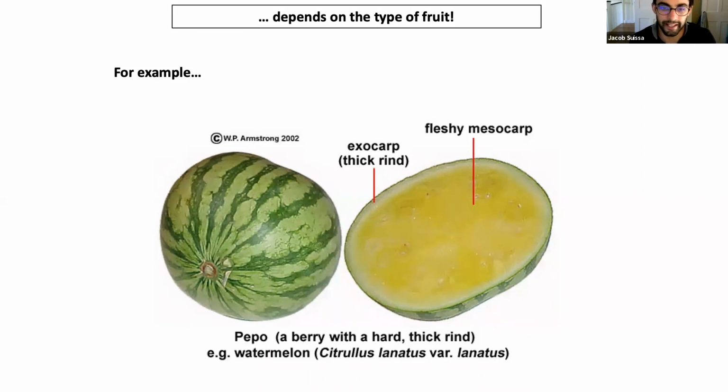But essentially, it's a berry is really all it is, but it has a thick rind, not a leathery rind. So you have hesperidia and pepos, which are both berries, but just slightly different, right? This is why I don't really like fruit terminology, because they're both berries, so why don't we just call them berries? But whatever. It's helpful, I guess.